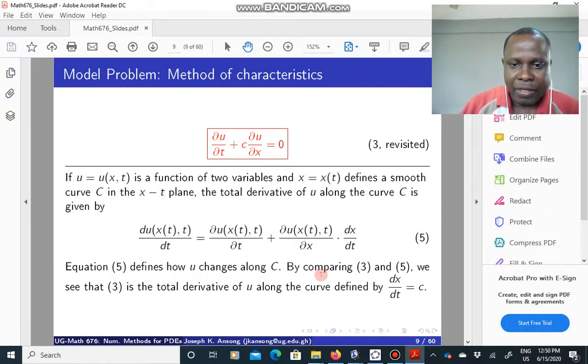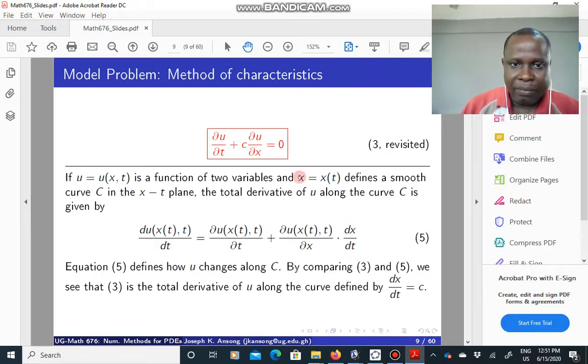Now, by comparing equation 3 and equation 5, you can see that 3 is basically a total derivative if the du dt is 0, and also if the dx dt is equal to c, because basically you have the du dt, which is this, you have the du dx, which is also here, so basically c here is the dx dt.